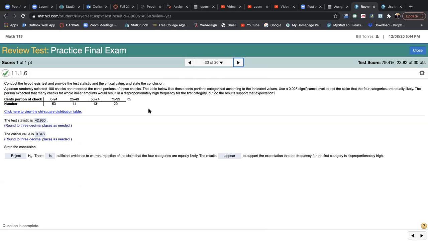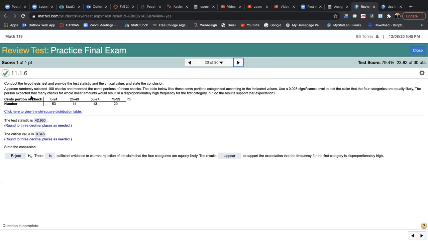Okay, now we're going to get into tests of independence and contingency tables here, and let's go ahead and work these problems. Okay, so here is the problem statement. Conduct the hypothesis test and provide the test statistic and the critical value and state the conclusion.